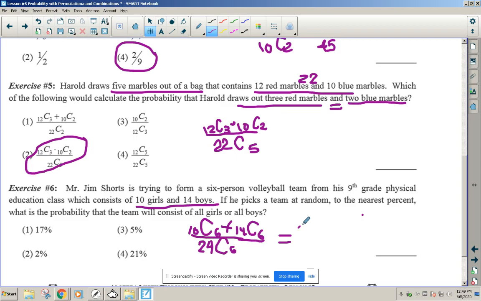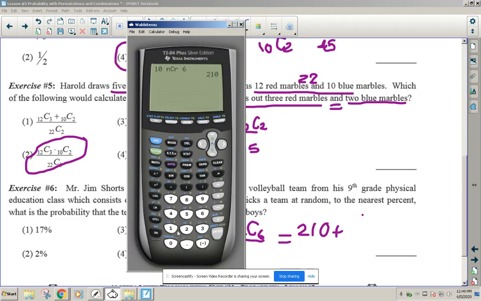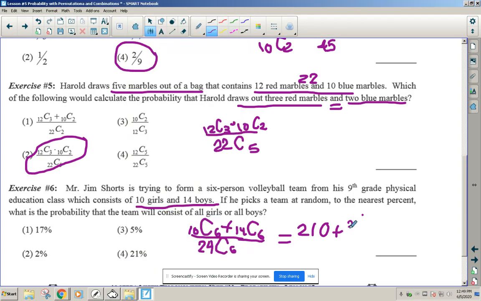That is 210 for the first one. And now I have to type in 14C6. And that gives me 3,003. Wow, I definitely typed this one in wrong. Sorry about that. That's what happens when you rush.